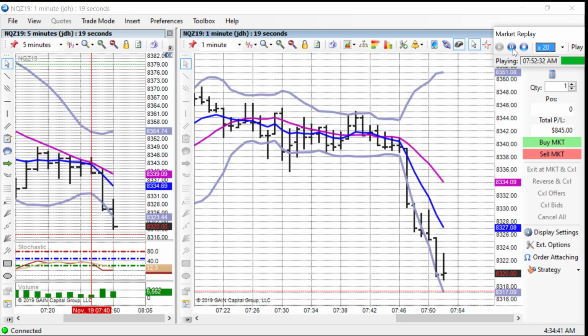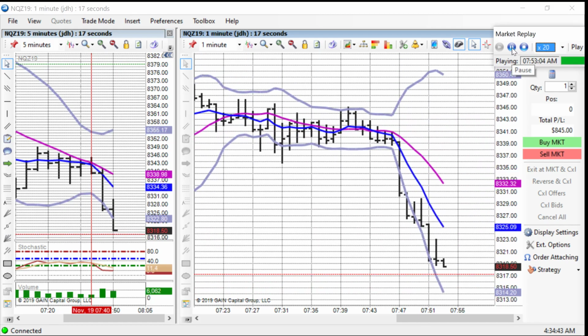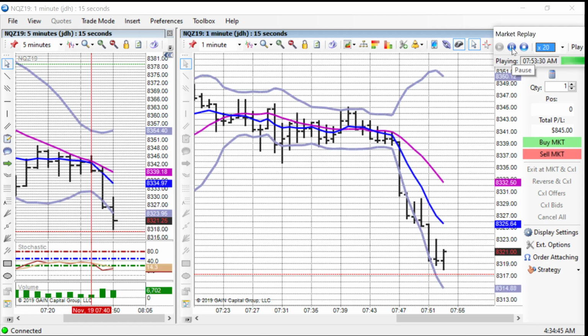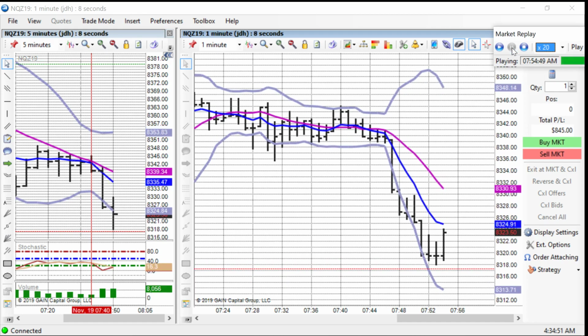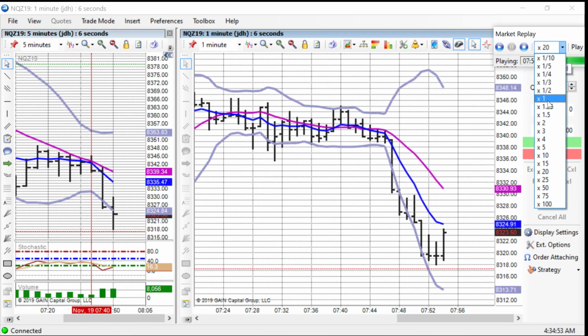Usually it's on auto scroll, but I took it off that because it tends to bounce around a lot. So there's the next P3 point.